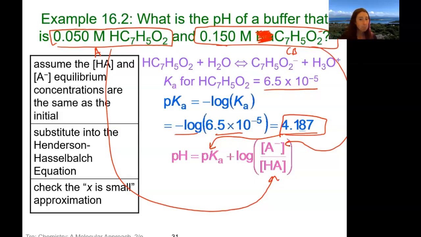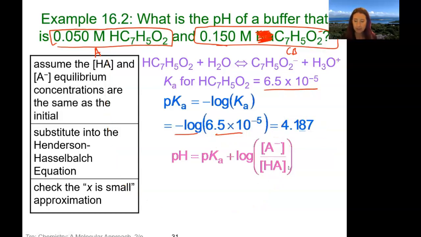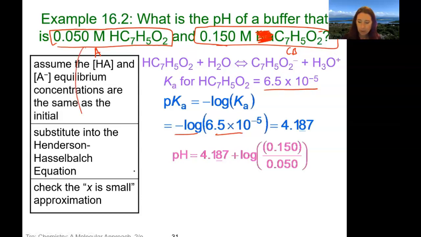And then we just plug in those numbers and we're good to go. So let's just try that really quick. And when we do that, we get our pH, which is 4.66.